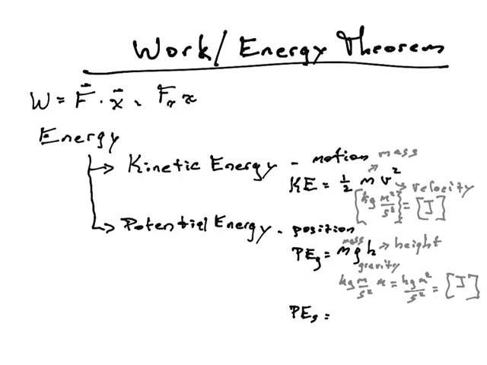So this type of potential energy is 1/2 k x squared, where k is something called a spring constant. It just tells you how stiff is the spring or how loose is the spring.